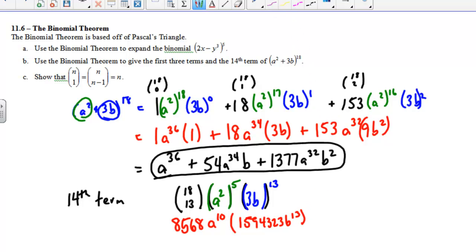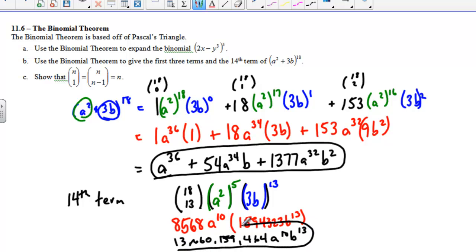Yikes. And then when I multiply 8568 by this number here, I get this big number of 13,660,159,464, a to the 10th, b to the 13th, and that's the 14th term.